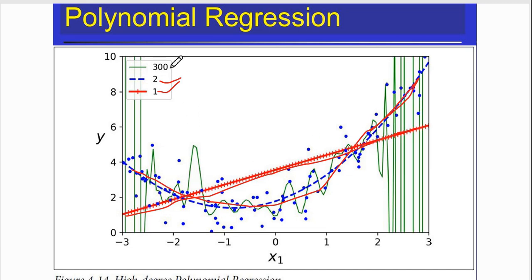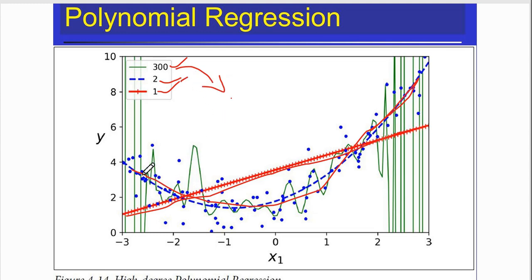Clear? If degree equal to 300, let's see, we get a curve like this. From this curve, maybe it covers all the data points. That means if you choose 300, it may give the minimum error compared to degree equal to 2.